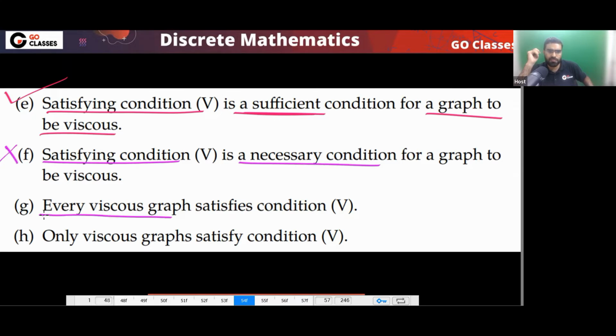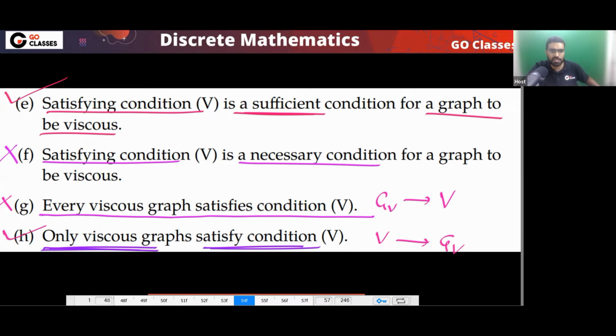Every viscous graph satisfies condition V. This is basically like graph viscous implies satisfying condition V. This is not correct. Only viscous graph satisfies condition V means if you are satisfying condition V, then your graph is viscous. This is correct.